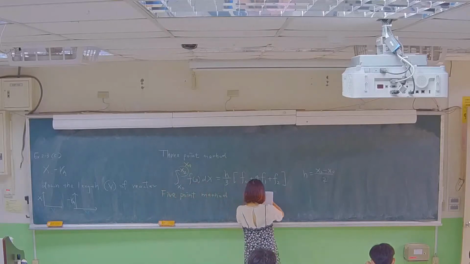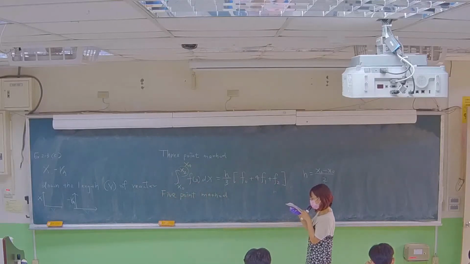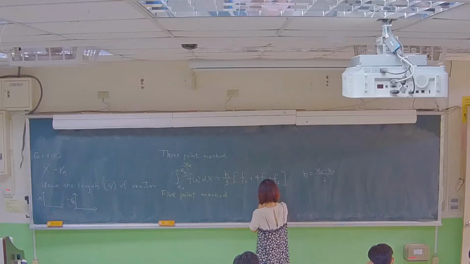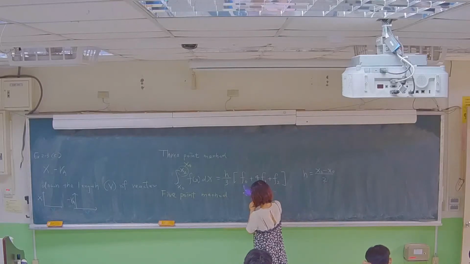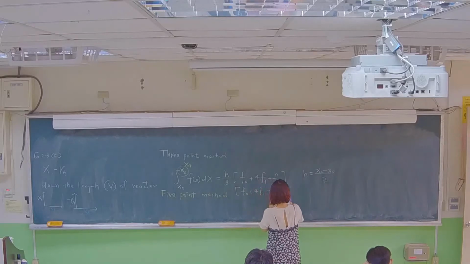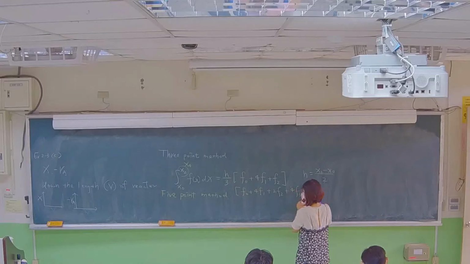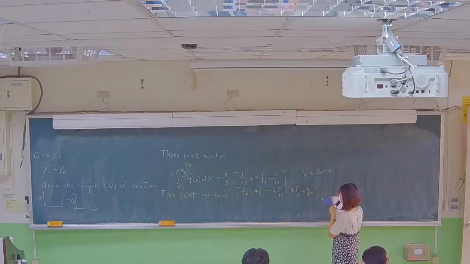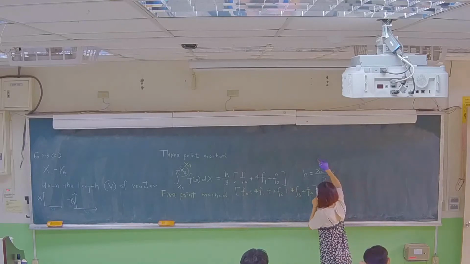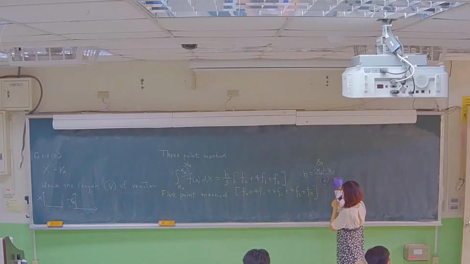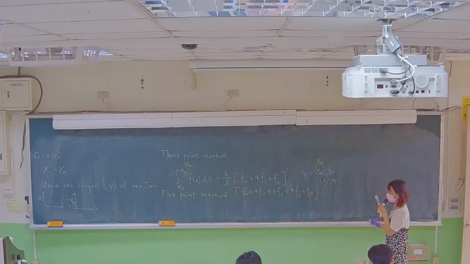And here, the coefficients are 1, 4, 2, 4, 1. Okay, for the 5-point method. How about H? H will become x4 minus x0 divided by 4.